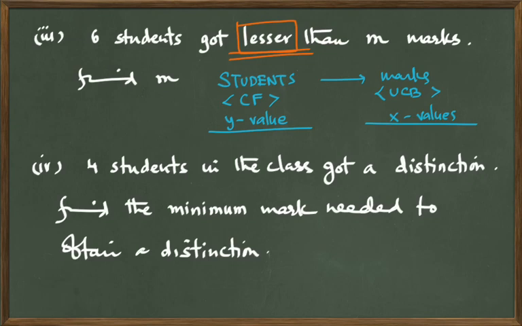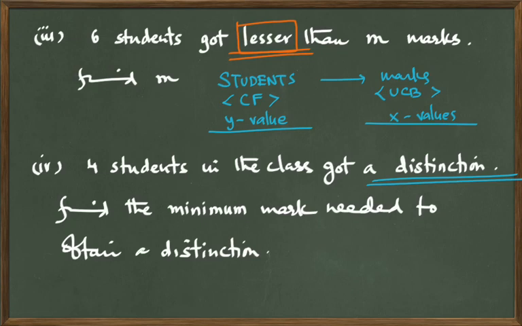Now it says 4 students in the class got a distinction. We know that the top hierarchy in a class, the elite, they get a distinction. They obtain more than a certain mark.